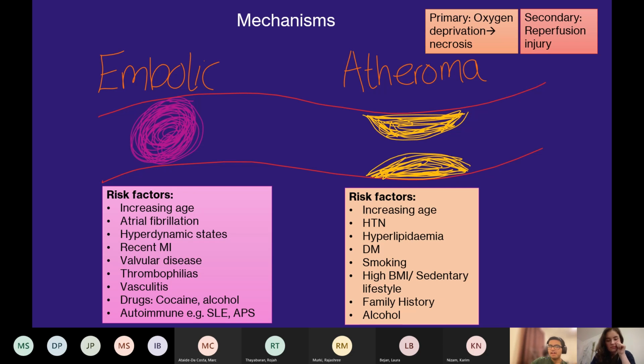Should we go over what embolic and atheromatous are to start with? Actually, that would be quite useful. So thrombus is something that's commonly brought up, which is basically clumped together platelets, and this is part of normal physiology to stop excess bleeding, but in certain conditions it can be increased.